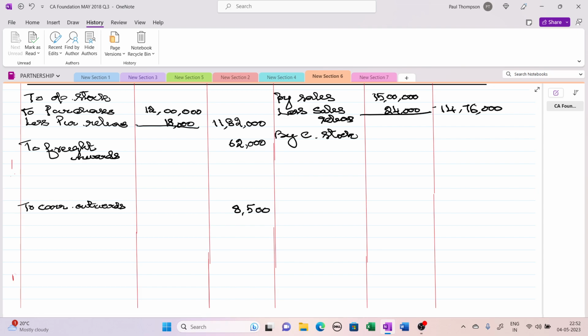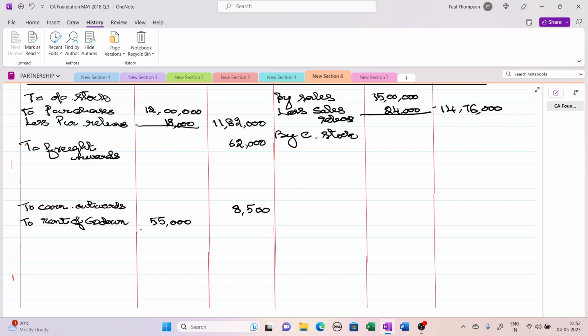8,500. Next item is rent of godown. There is an adjustment, so I am writing it in the inner column. Rent of godown. We will see the adjustment later. Rent of godown, there is an adjustment, so write it in the inner column, 55,000.